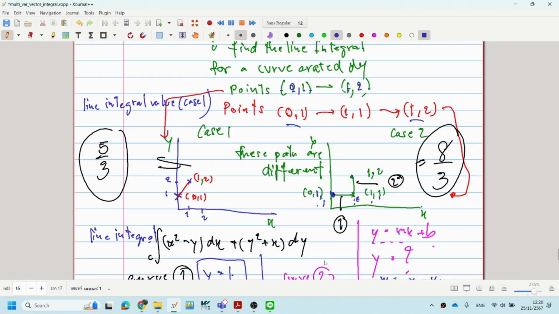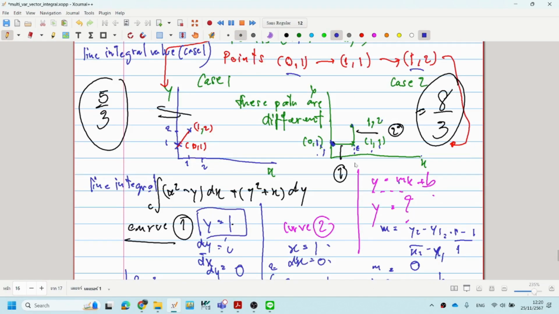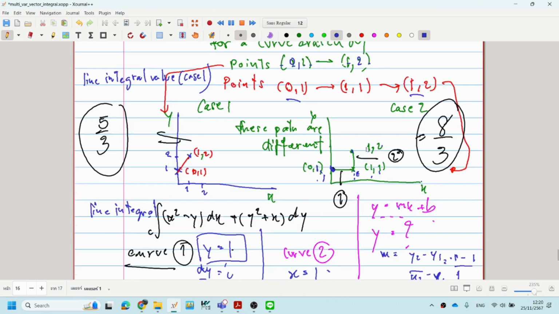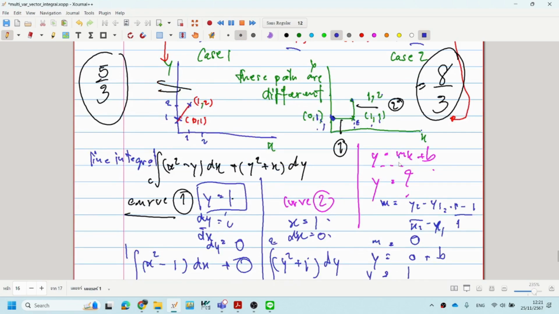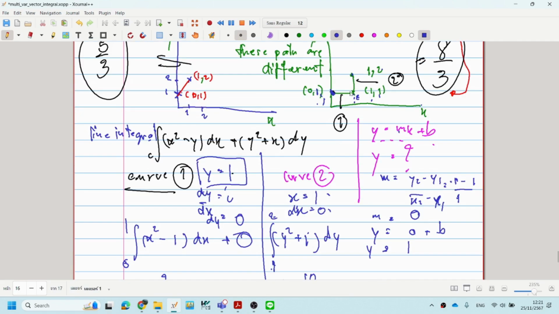For the special case, I put a point between the start point and the end point, so it is split into two curves, curve number 1 and curve number 2, and finally you must sum both curves to get the final line integral value.